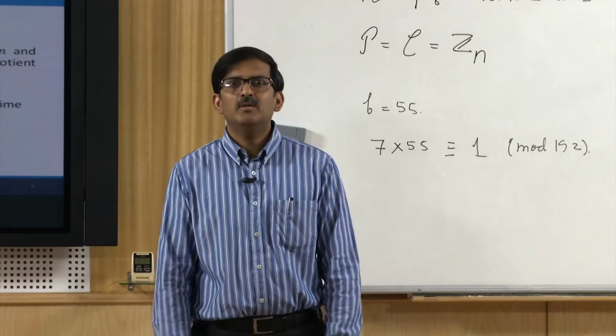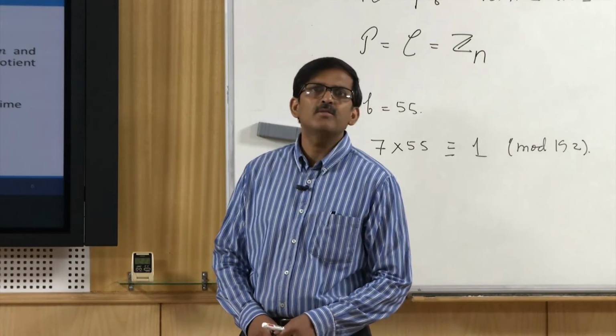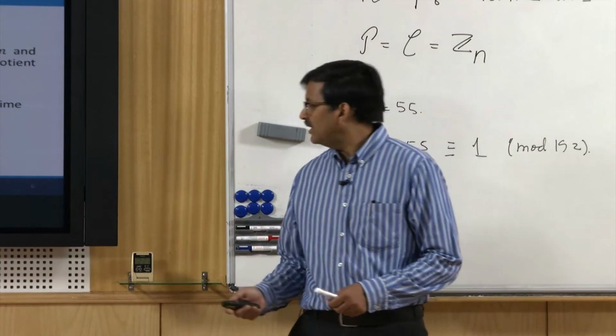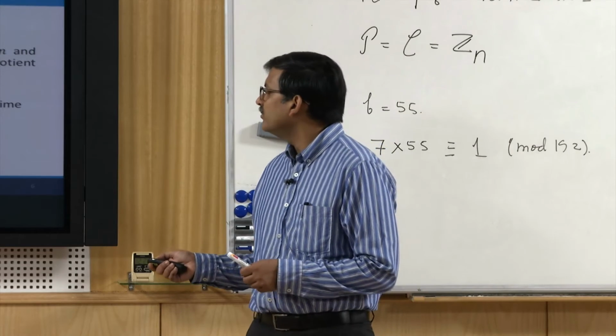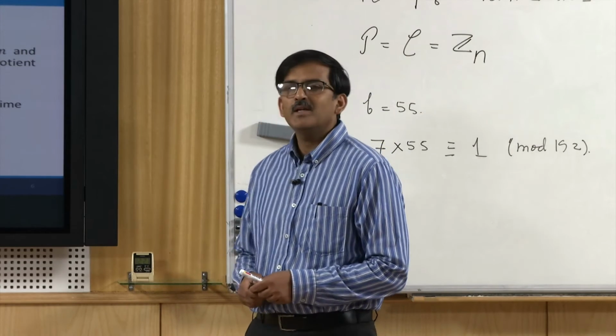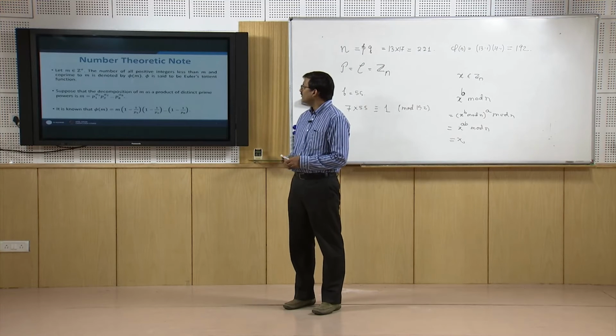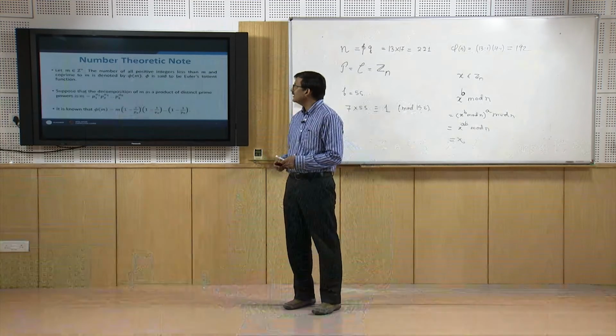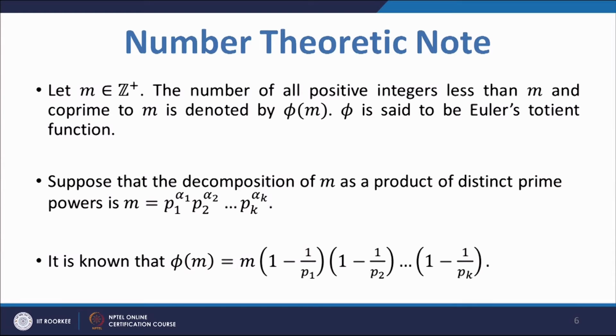At this point we cannot discuss the details of the proof of the expression for phi m, but it is not difficult to remember. Phi m is equal to m times (1 minus 1 by p1) into (1 minus 1 by p2) and so on up to (1 minus 1 by pn), where the pi's are the prime factors of m.